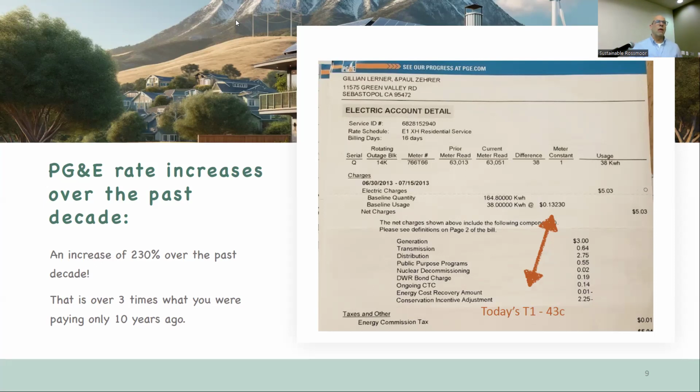Yeah, we have 52. By the way, we have 66 as well as a peak in EV rates. So somewhere between 3 to 4. I tried to compare it just to today's tier 1. Not many of us are still on the tier system, but for those who are, tier 1 today is 43 cents, which is 230% in 10 years.